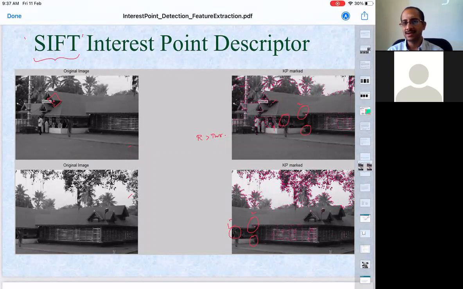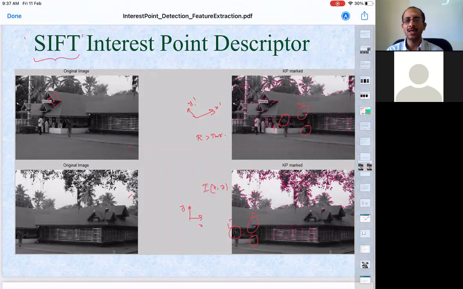That is the question. Global transformation means this: let this be I of x comma y in the x, y Cartesian coordinate system. This may be in an x dash comma y dash Cartesian coordinate system, which may be rotated or translated.